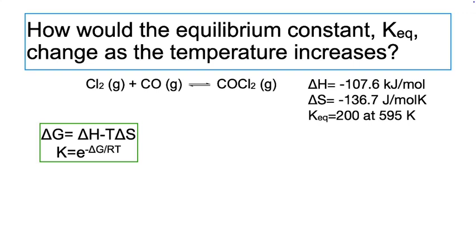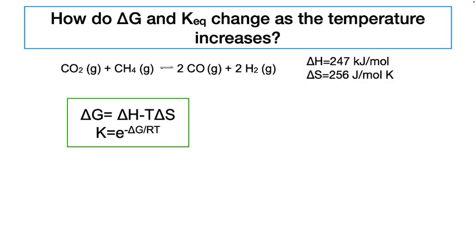Take a look at the things that controlled our calculations. The things that controlled the calculations were the delta H and the delta S. In particular, the delta H and the delta S for the one we solved were negative and negative. Ooh, they're different. Those delta H and delta S's are now positive.